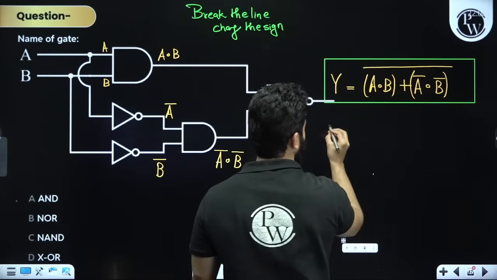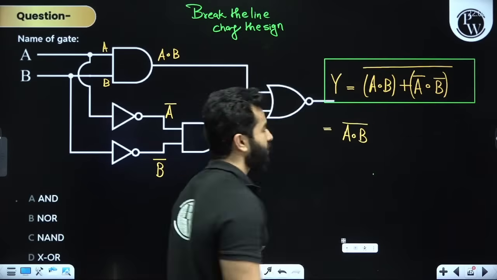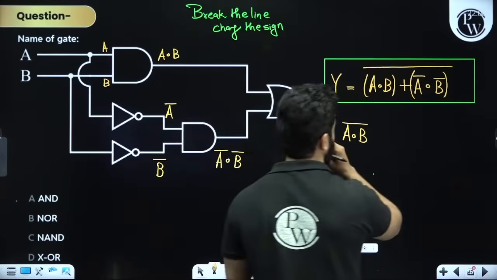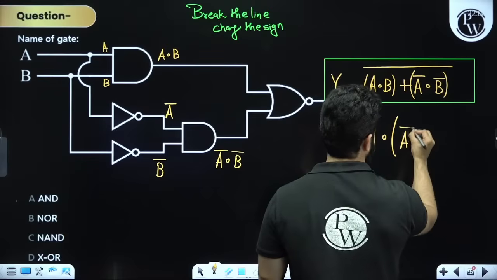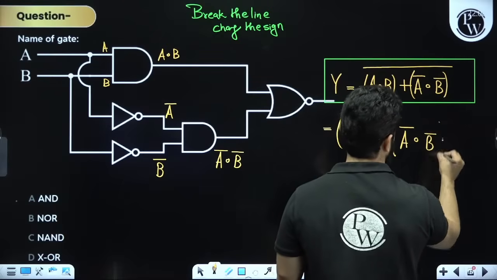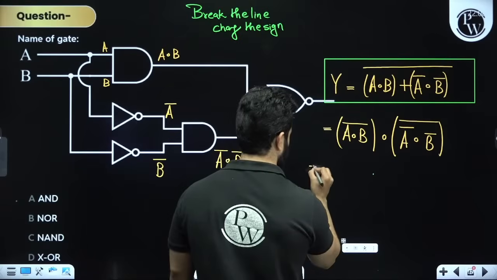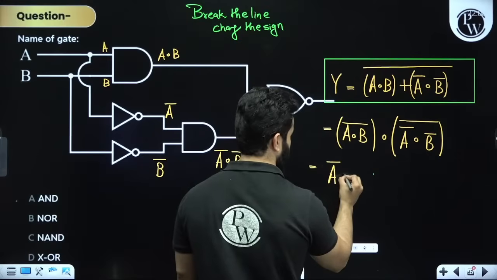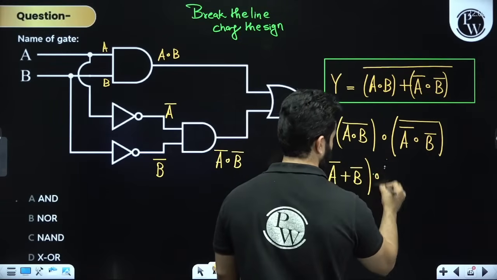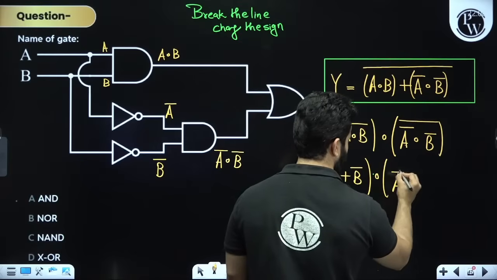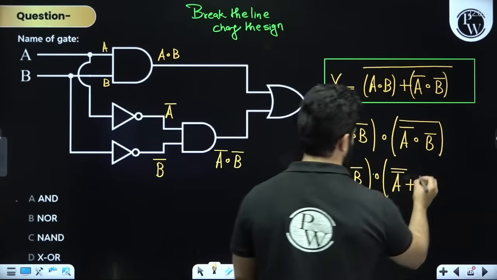So breaking the line means A dot B, break it, distribute it and change the sign. Something like this. Now this will become A bar plus B bar dot, this will become A bar plus B bar.